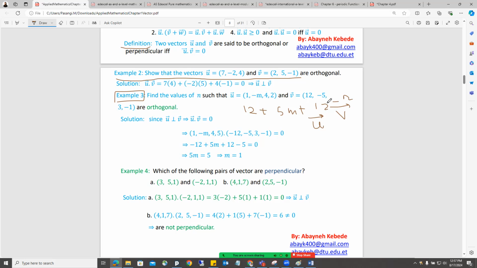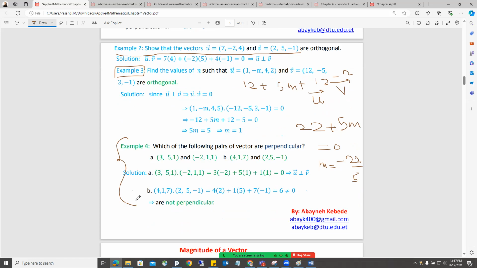Then 12 plus 12 is 24, 24 minus 2 is 22. So 22 plus 5m. Since these two vectors are orthogonal, the dot product should equal 0, which means m is equal to minus 22 over 5. Is that the answer you received? Yeah. Okay, then you are correct.